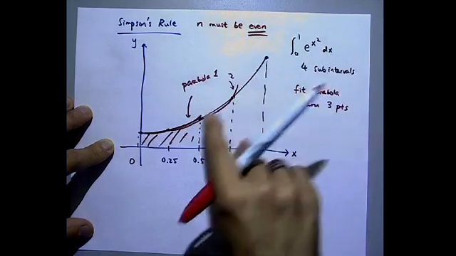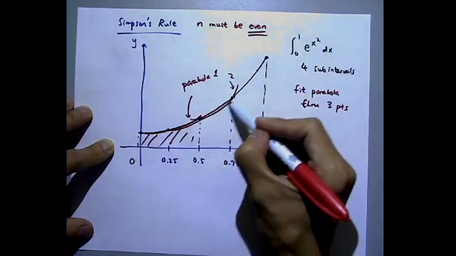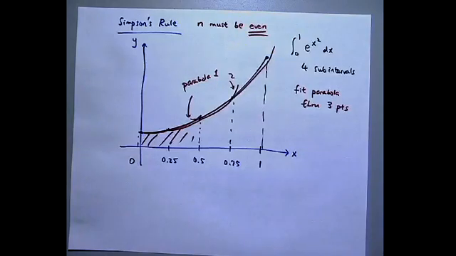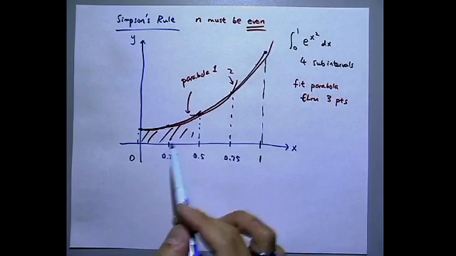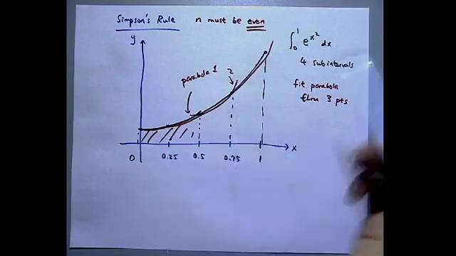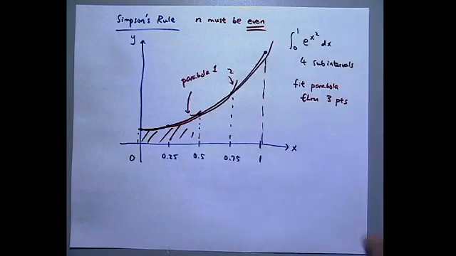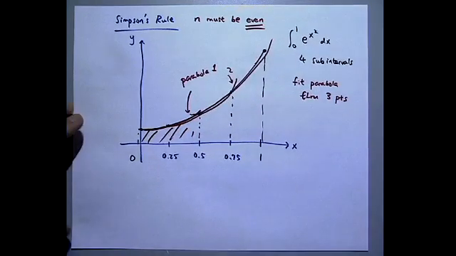And then the last 3 points, we fit one more parabola that goes through all of them. So what we do then is calculate the area under the first parabola, and then be careful with the overlapping here, and then come to a final answer.